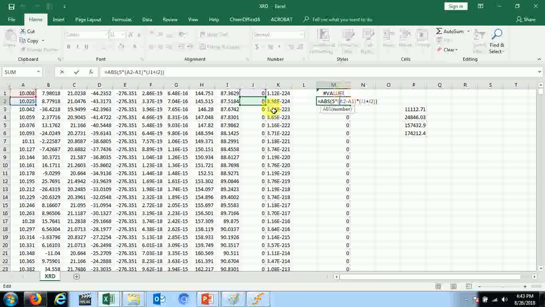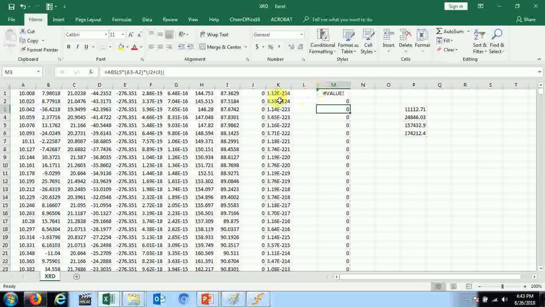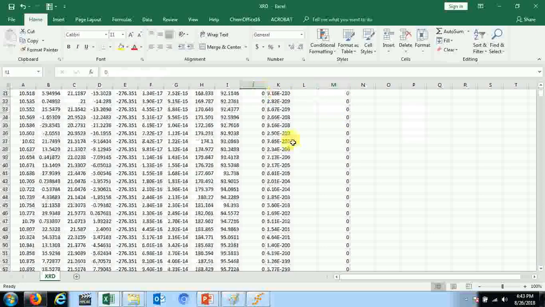Yes, the values are very low, which is beyond the scope of the count here, so we cannot calculate it here.